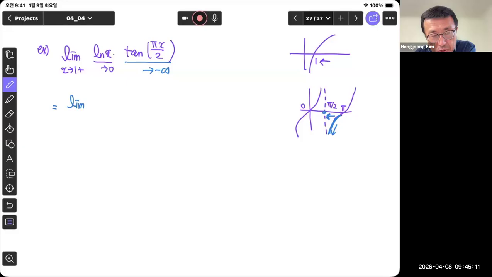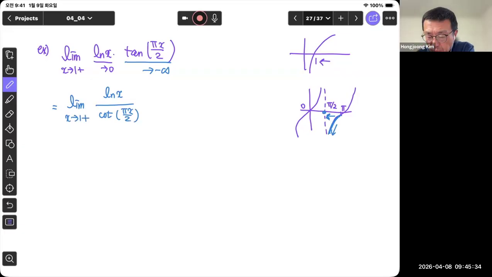So if I consider the reciprocal of tangent, that is cotangent, this is the same as log x over cotangent of pi x over 2, and then you let x go to 1 from the right.